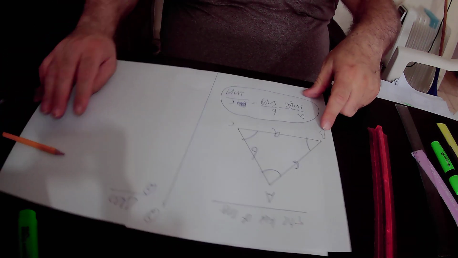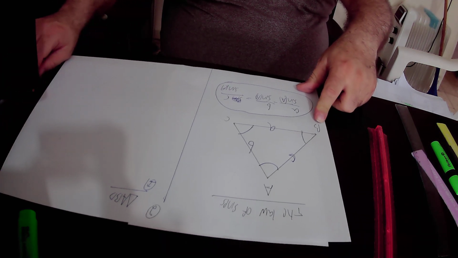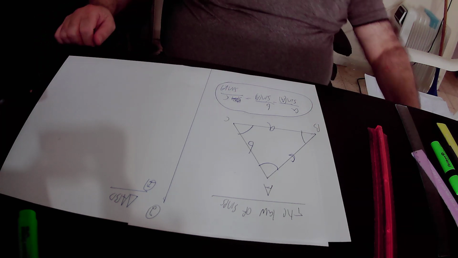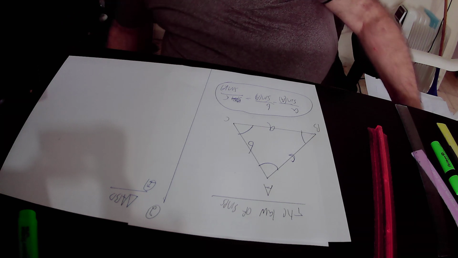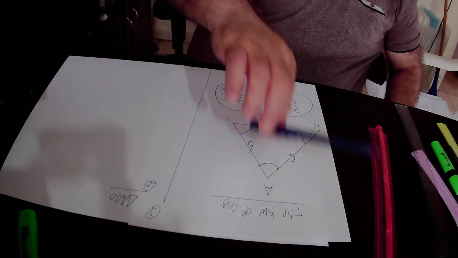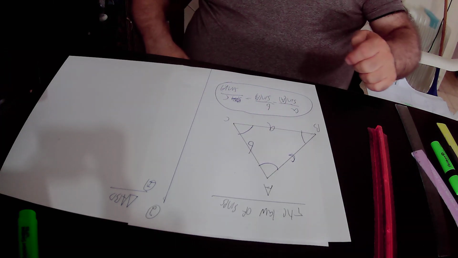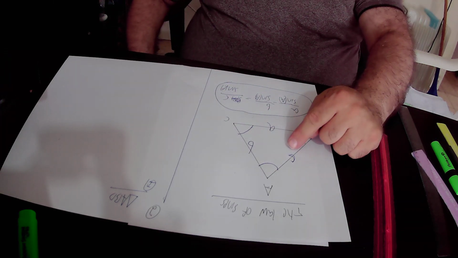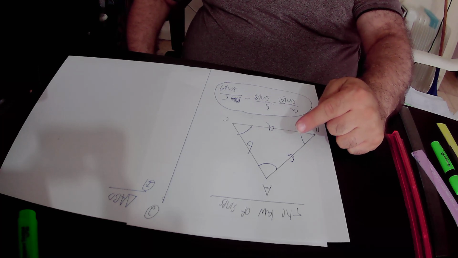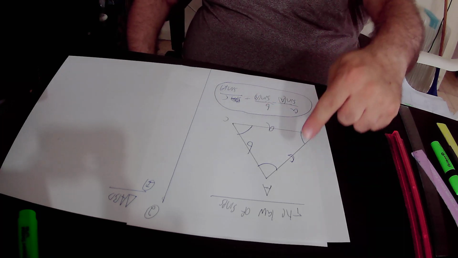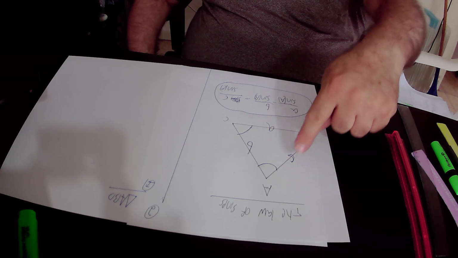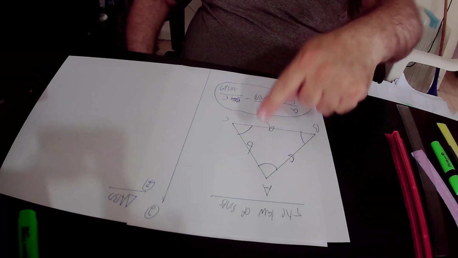So here we have triangle ABC. This is triangle ABC. That could be any triangle. Side BC equals a units, side AC equals b units, and side AB equals c units.